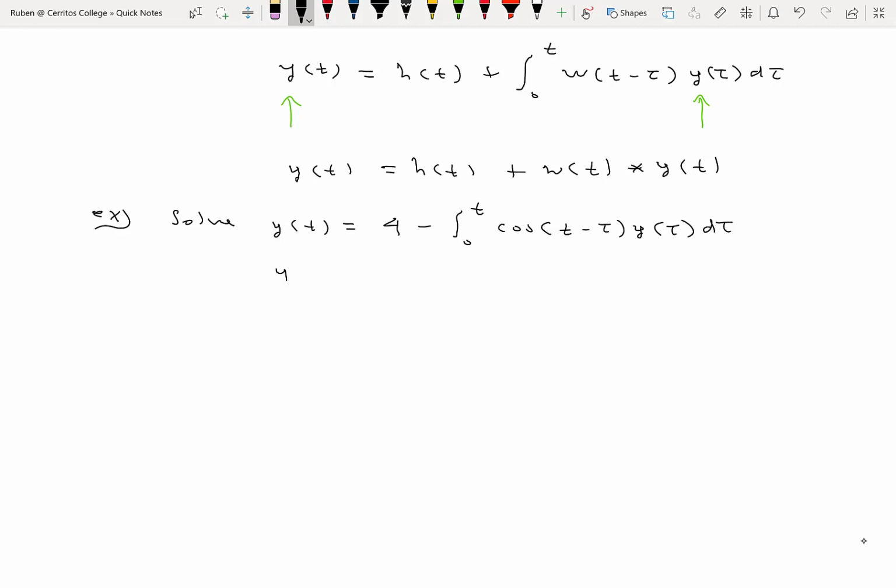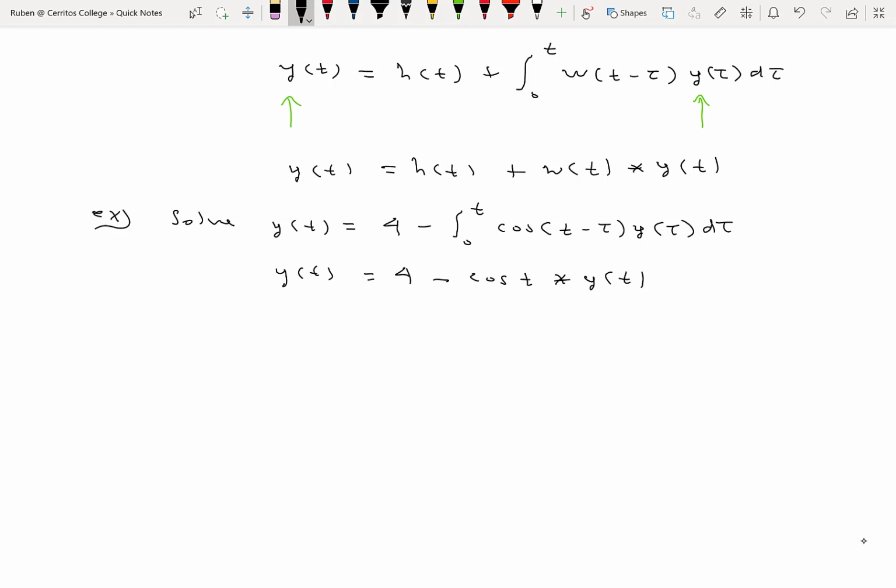I'm going to rewrite this equation though in convolution form. So this is y equals 4 minus the convolution of cosine of t and y of t.